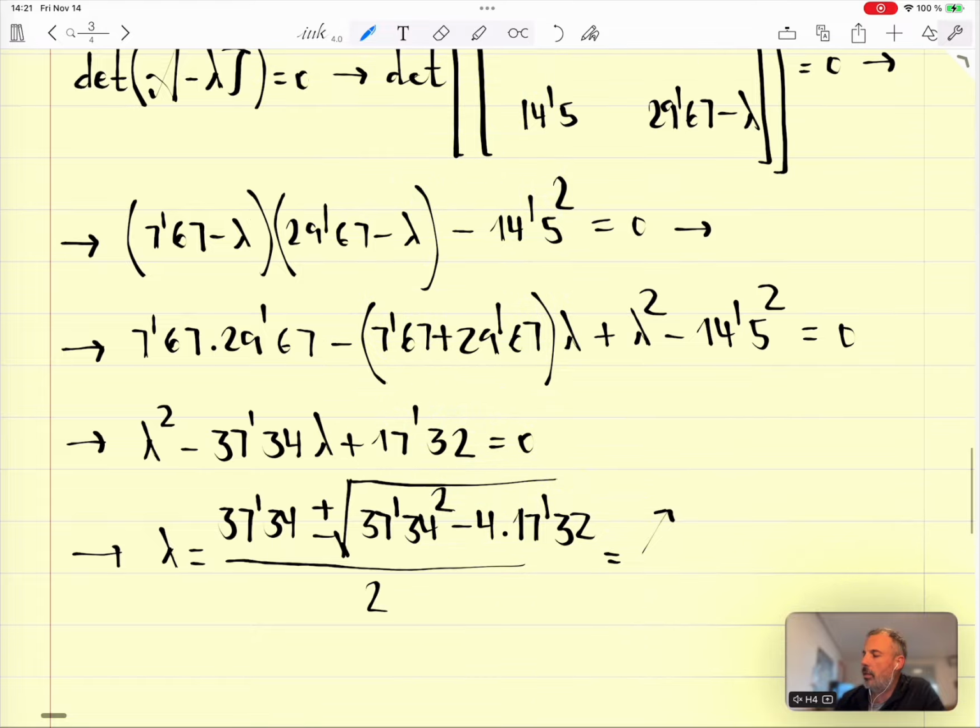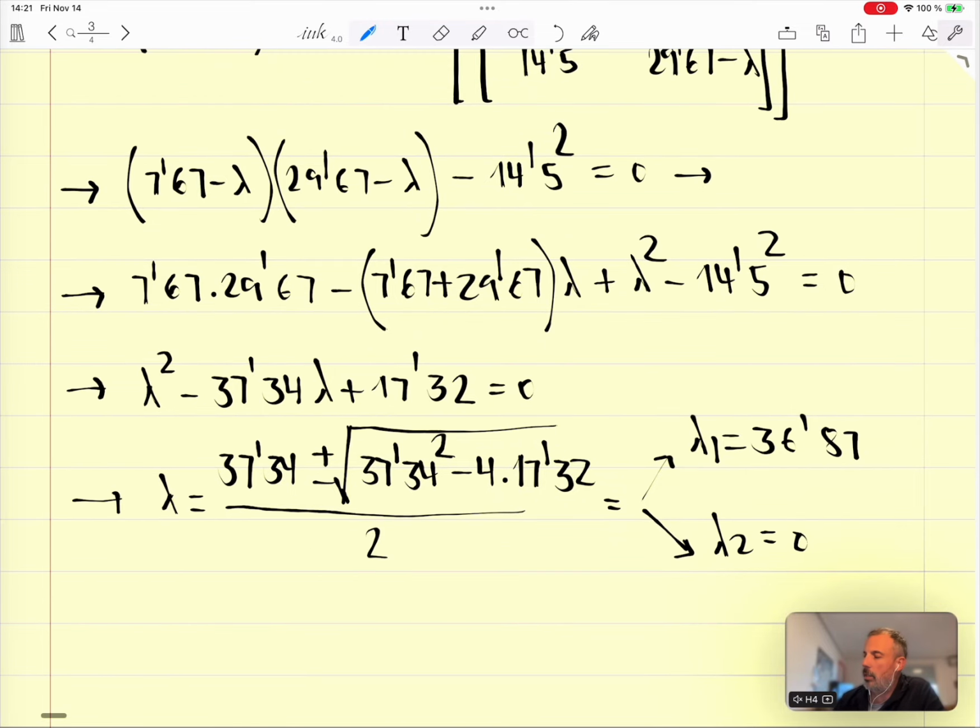This delivers two values of lambda. Lambda 1 equals 36.87. Lambda 2 equals 0.97. Sorry, 0.47. Just entering the values there. Okay. How this is solved is known.